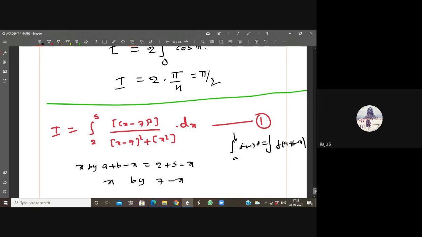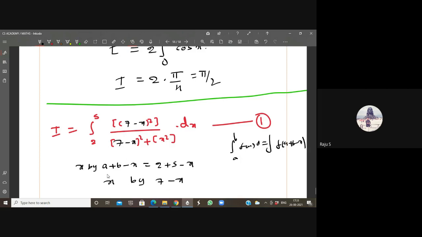Replace x by 7 minus x means 7 minus x, see here I have written x minus 7 whole square. For the sake of convenience, you may write 7 minus x whole square only. Either x minus 7 you can write or 7 minus x.